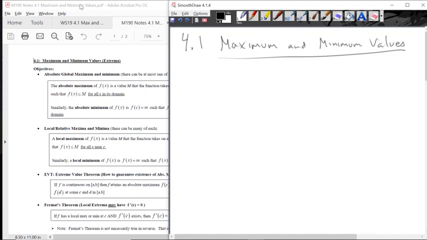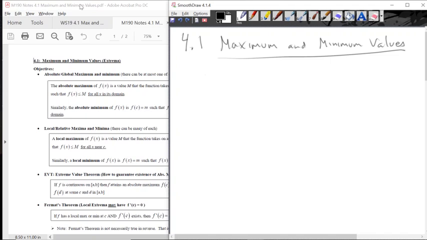That is, the goal is to find out what is our highest possible revenue that we could attain over the domain. And the critical numbers in that case would be the possible levels of production. That is, the potential number of units that we would want to sell, which would result in a maximum revenue.